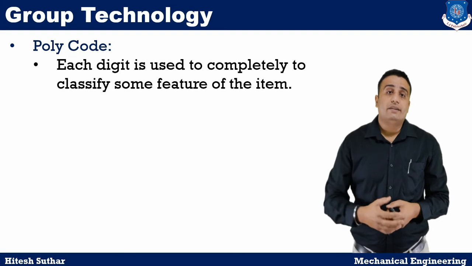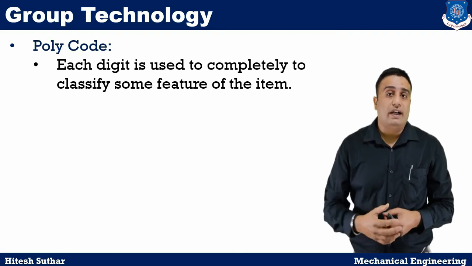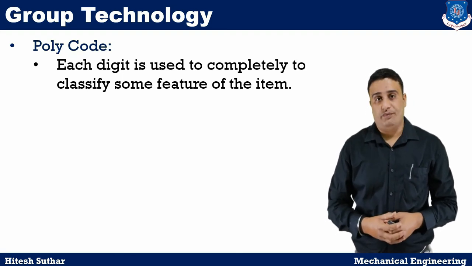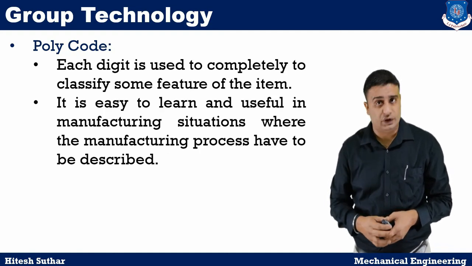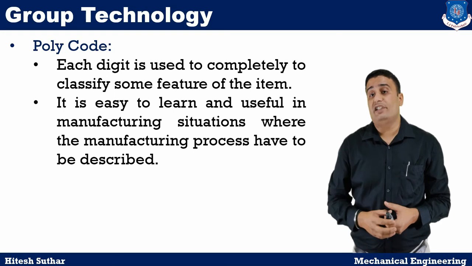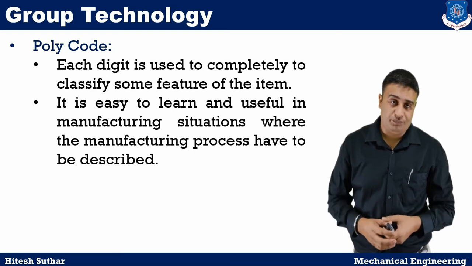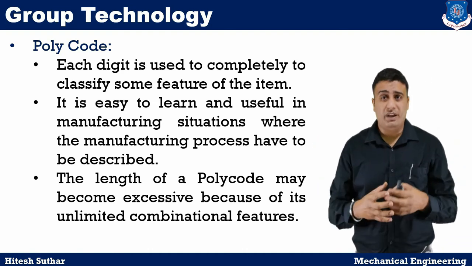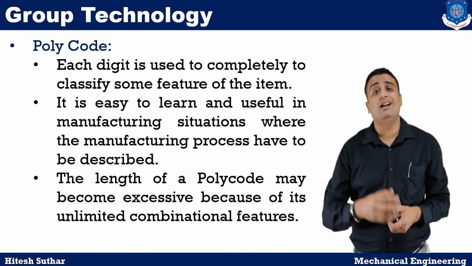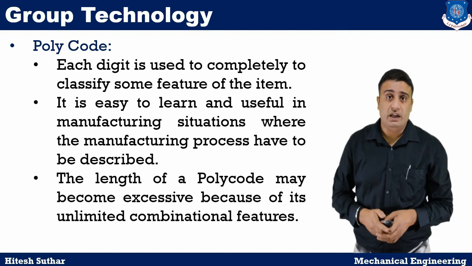Each digit in this system is used to completely classify some features of the item. It is easy to understand and learn, and useful in manufacturing situations where the manufacturing process has to be described. The length of a polycode may become very excessive because of unlimited combinations of features.